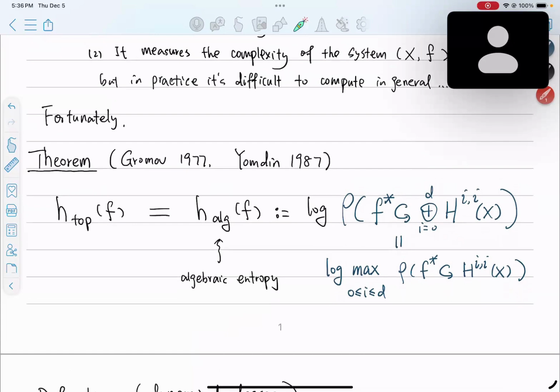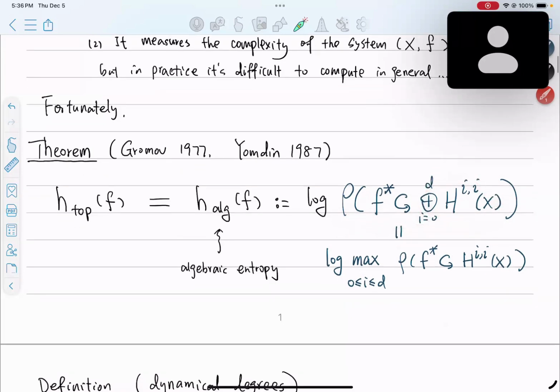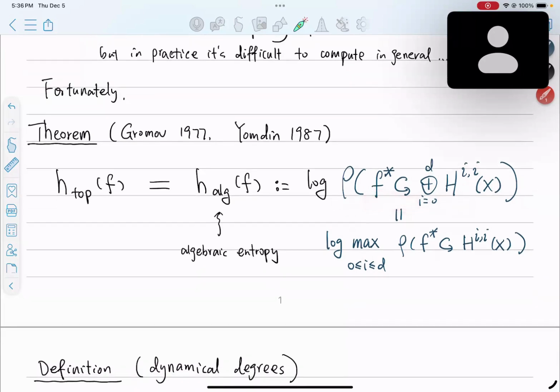The right hand side is the spectral radius of a certain linear operator on the direct sum of the cohomology groups. This is a split, so it is actually equal to the logarithm of the maximum of the spectral radii of the pullback action of f on H^{i,i}. So we just need to look at H^{i,i}. We know that this cohomology group contains the algebraic cycles of codimension i, so we just need to look at this small group.